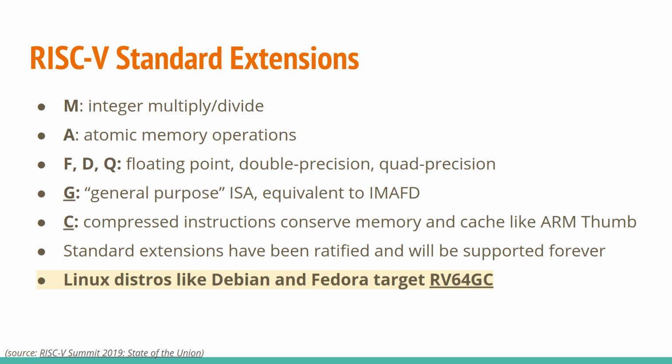We also have standard extensions, and Linux distros like Debian and Fedora are targeting RV64GC. That G stands for general purpose, and it's equivalent to integer, multiply, atomic, float, and double float, along with C for compressed instructions, similar to ARM Thumb.